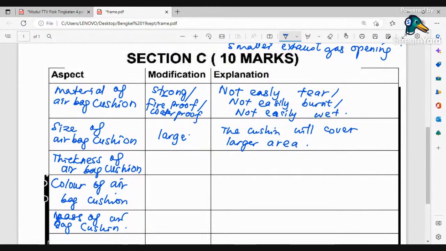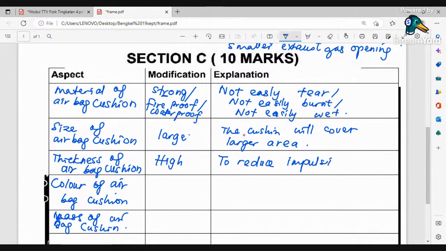Jadi lebih senang lah. Thickness mestilah thicker atau high thickness. Okay, kenapa? To lengthen time of impact pun boleh, to reduce impulsive force pun boleh.